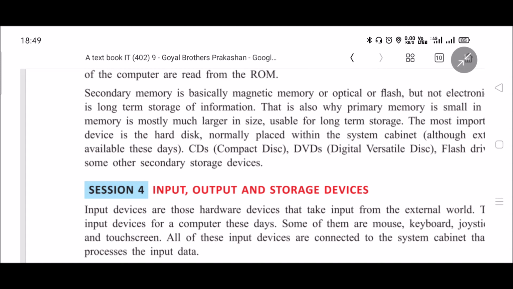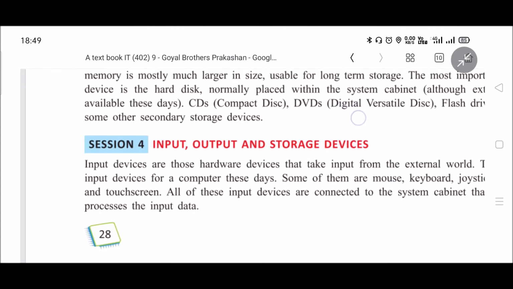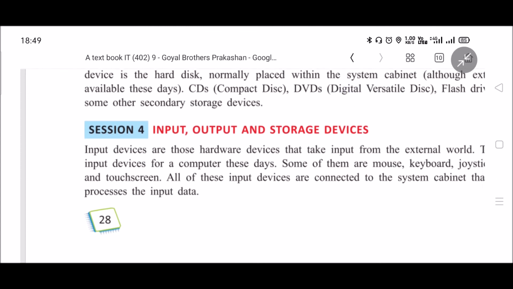Now the next unit is input and output. Input, as the name indicates, is used to feed something. So in a computer, input devices are such devices which are used to write something into the computer or to give commands to the computer. Input devices are those hardware devices that take input from the external world.